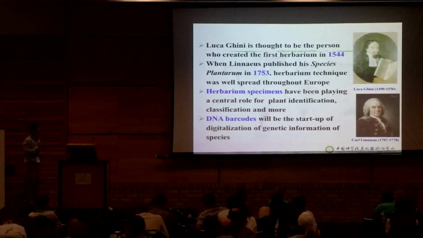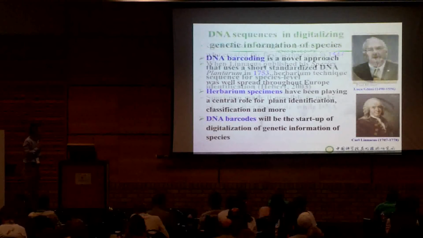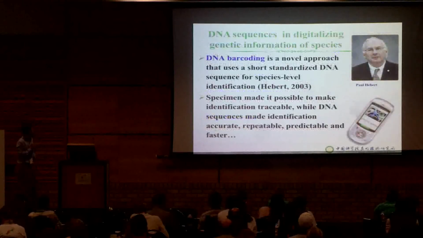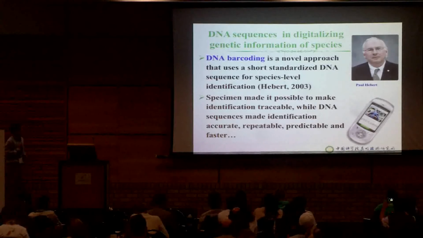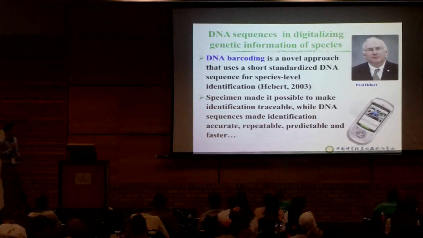And also, I think the barcode will be the startup of digitalization of genetic information of species. And so it is now the time to integrate all the information, including Herbarium specimens, including the GPS data, to make everything more accurate, repeatable, predictable, and faster.